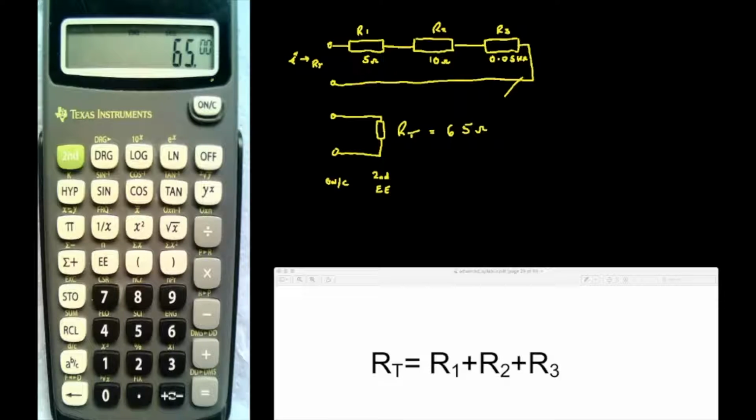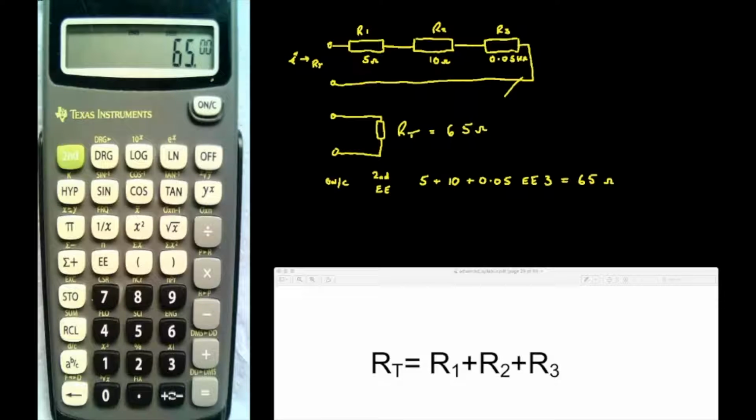We then put in 5, and that's 5 times 10 to the 0, so we don't have to put in anything else, plus 10 plus 0.05, and then we press EE 3 because it's kilo ohms, in other words 0.05 times 10 to the 3, and then the equals key, and then we have 65, and the units are ohms.